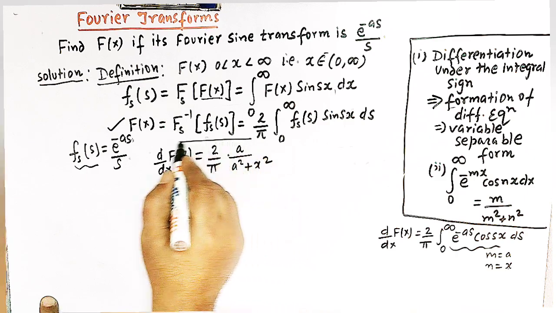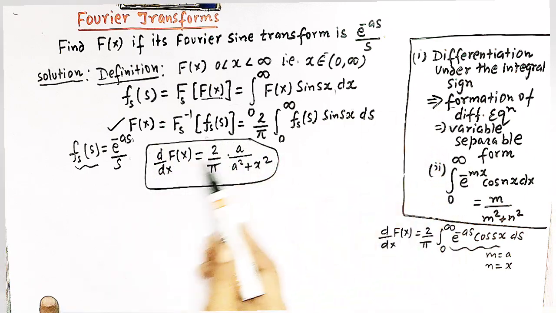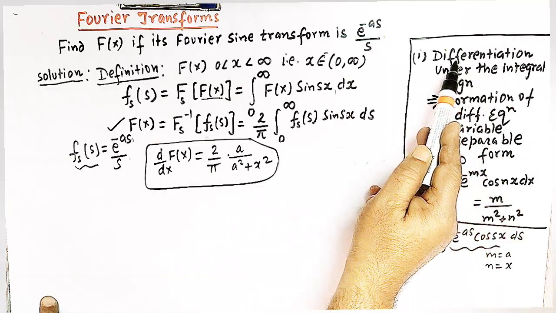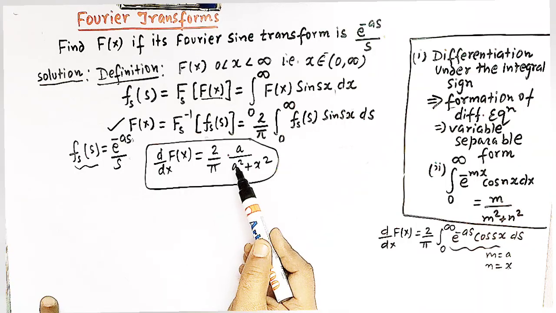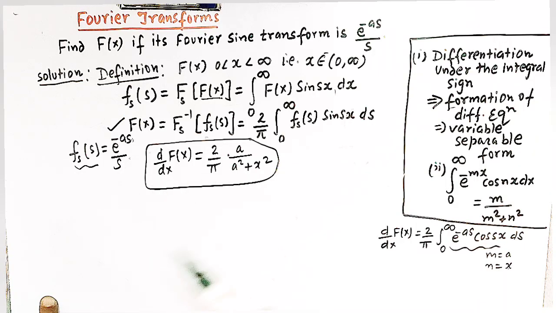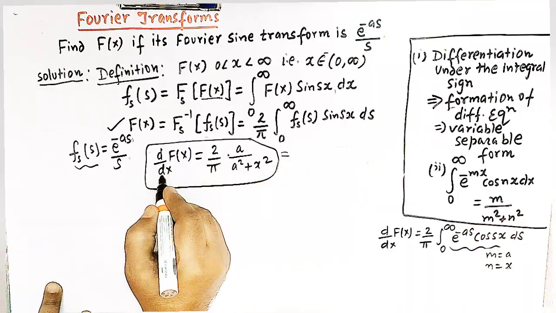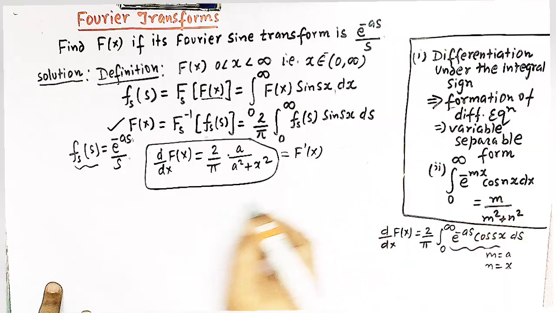So now we have a differential equation, right? So here we have formed a differential equation using this concept, and we can easily see that this differential equation is of the variable separable form, right? So we can now write here d by dx of f of x as f prime of x, right?